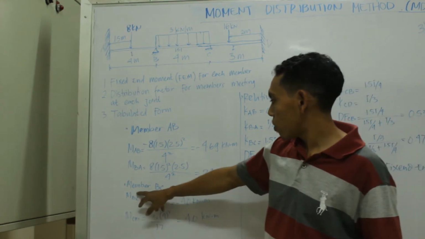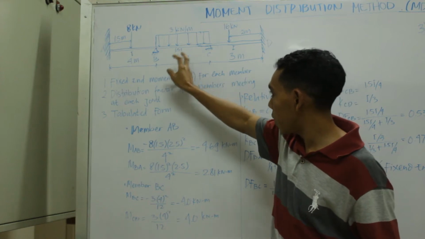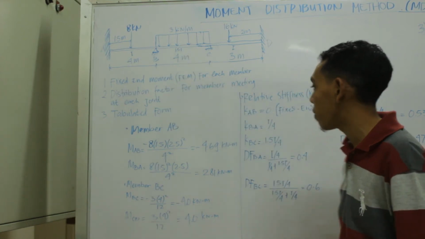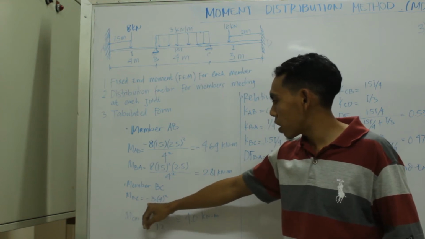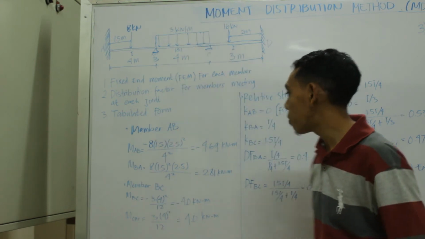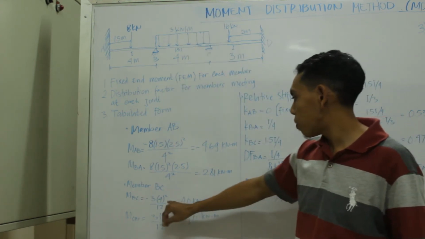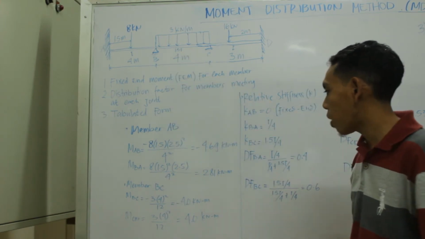And the next one is to solve for member BC, which has moment of inertia 1.5 I. So the moment at member BC is equal to negative 3, which is the uniform distributed load of 3 kilonewton per meter, multiplied by the length 4 squared over 12.